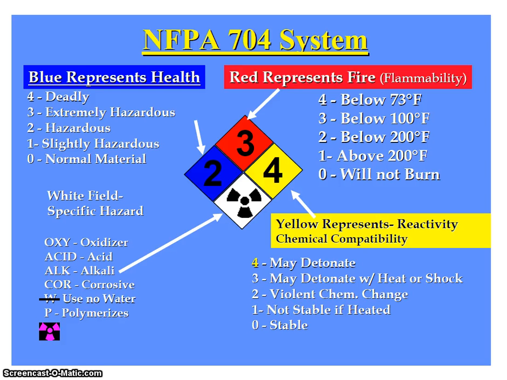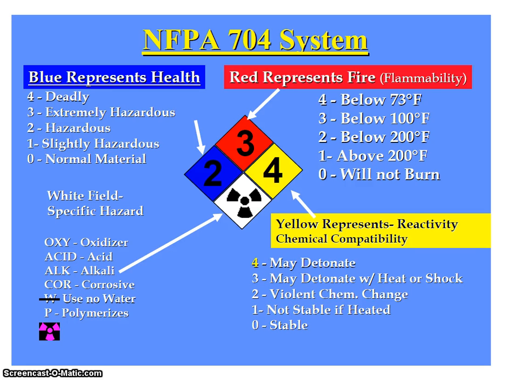The number in the square indicates how deadly the hazard is. A 4 being very deadly, 3 is extremely hazardous, 2 hazardous, a 1 slightly hazardous, and a 0 for normal or no hazard.